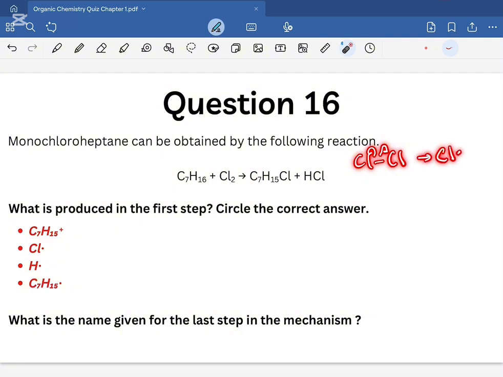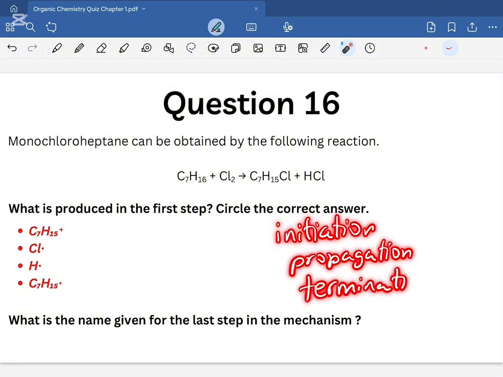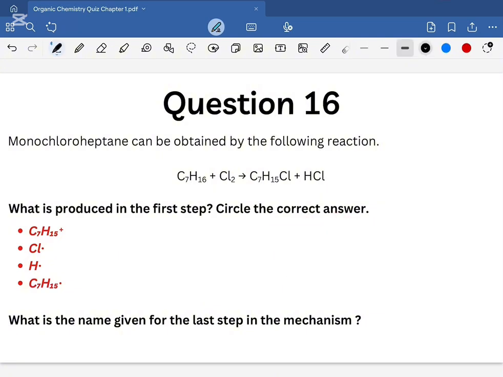So we're going to have a Cl radical and another Cl radical. So the first thing that's produced in the first step is this Cl radical. Now, what's the name given for the last step in the mechanism? For a free radical substitution, the first step is the initiation. Then we have the propagation. And then we have the termination. So the last step in the mechanism is termination.